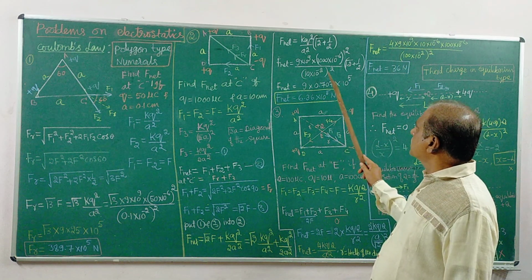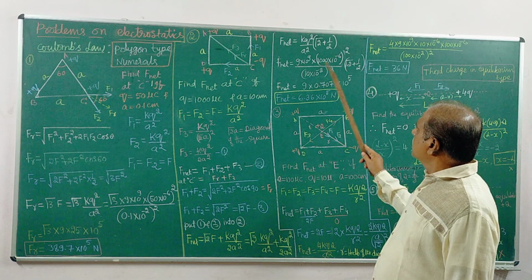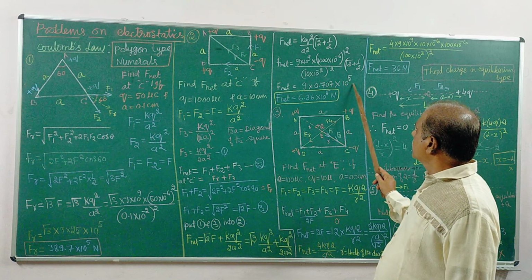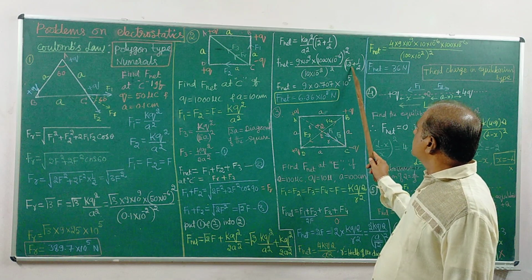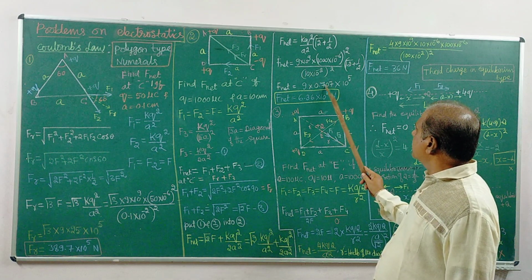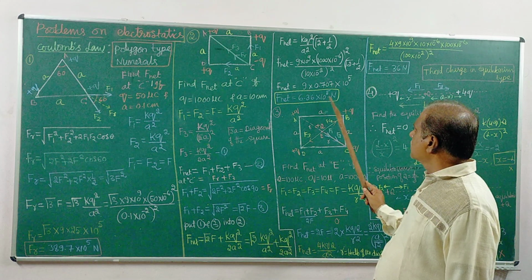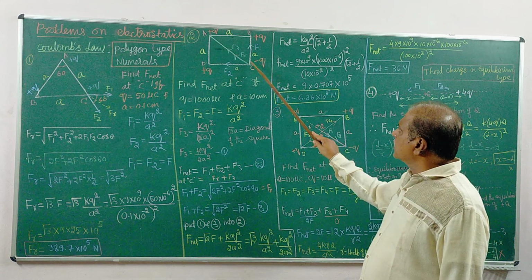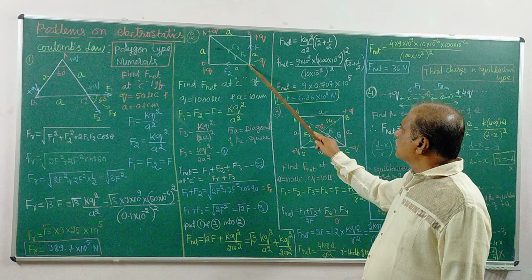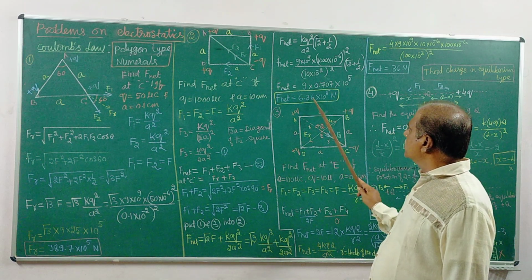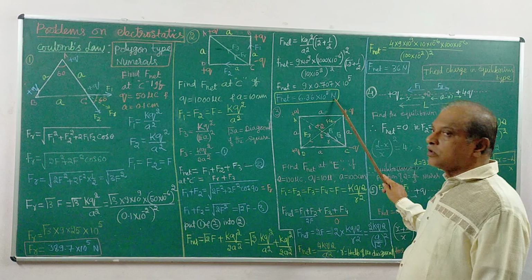First simplify all the exponents of 10, reduced to 10 to the power of 5. This is 9 into, the sum of these two is 0.702. Multiply this and you get the final value. That is the net force acting at this point for this set of values. It is 6.36 into 10 to the power of 5 Newton.